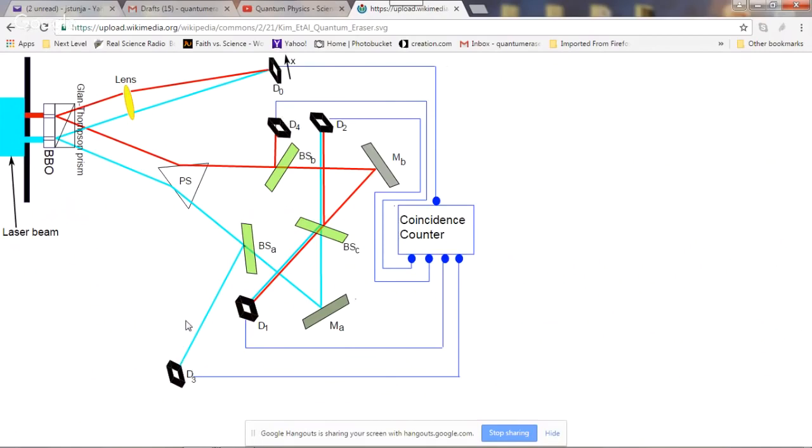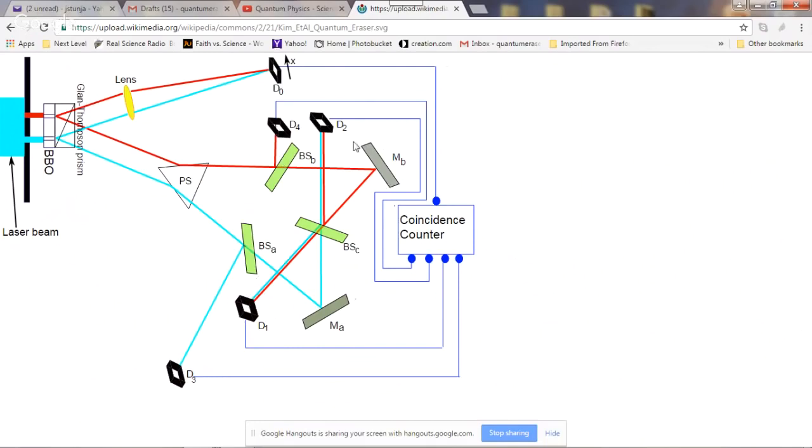Due to the experimental setup, the only way that this detector can be hit in this experiment is if it came out of slit B. There's no way a photon from slit A can come out and hit D3. And there's no way a photon can come from slit B and hit D4. There's only one pathway to hit these detectors.